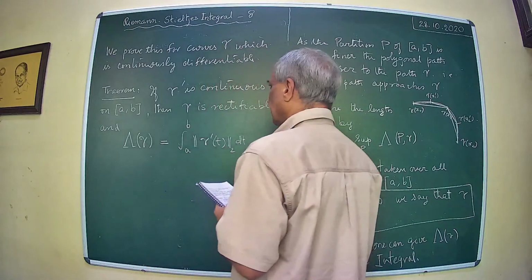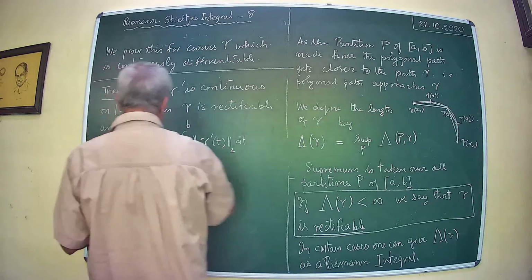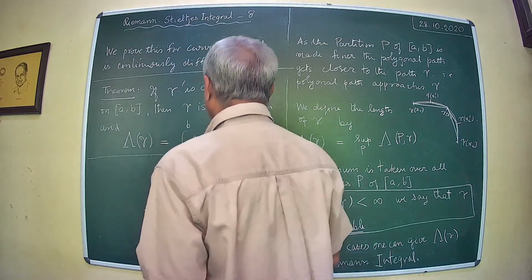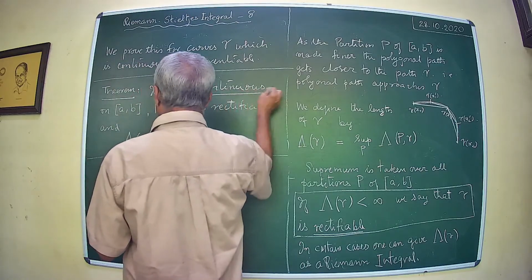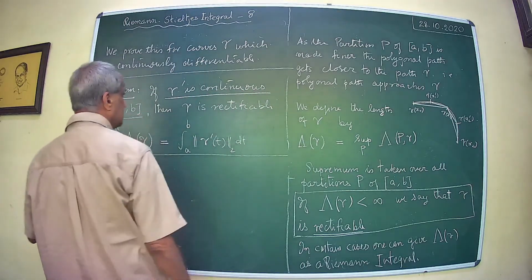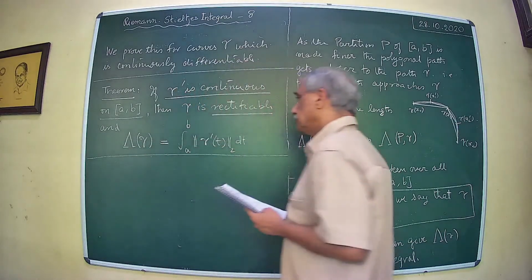Now this is the theorem, where we assume gamma prime is continuous on AB. Under these circumstances, we can show that gamma is rectifiable.